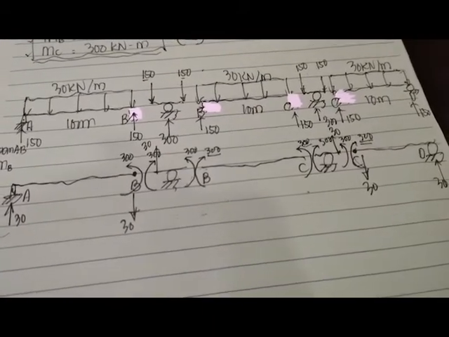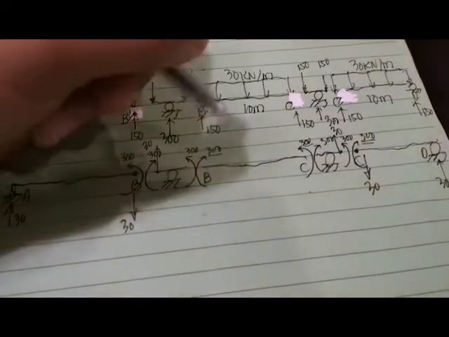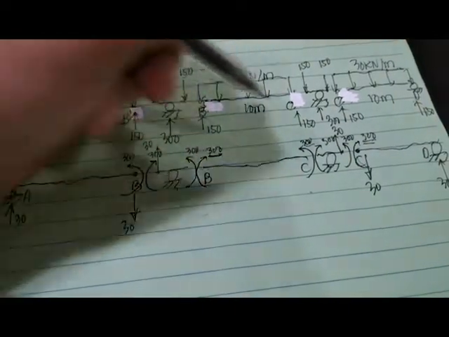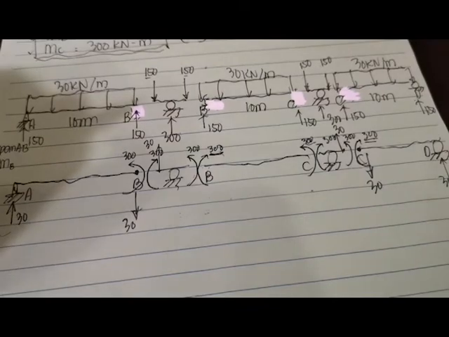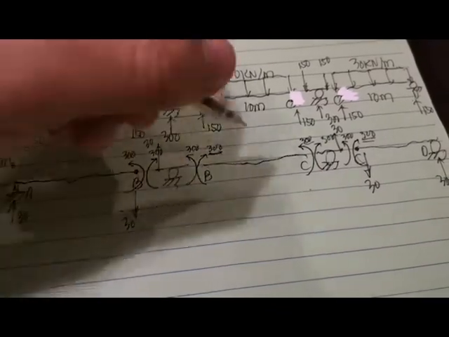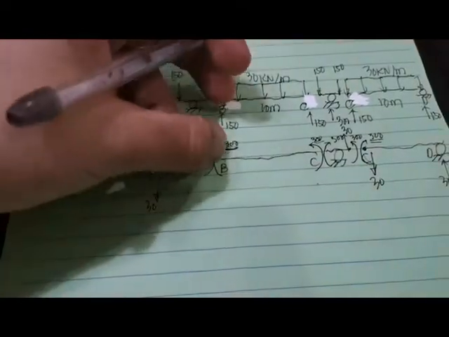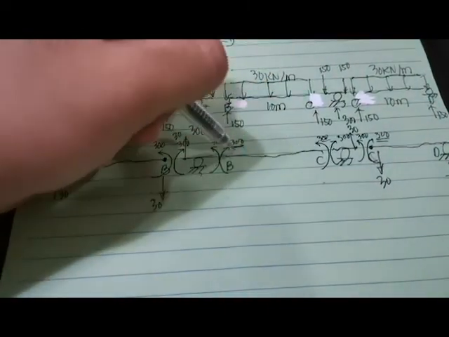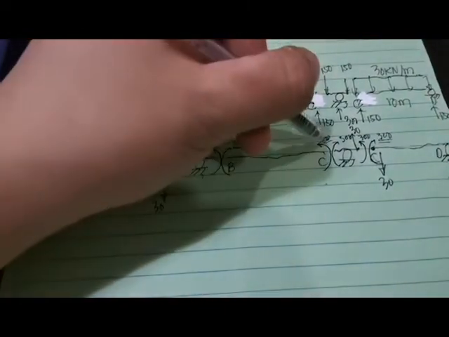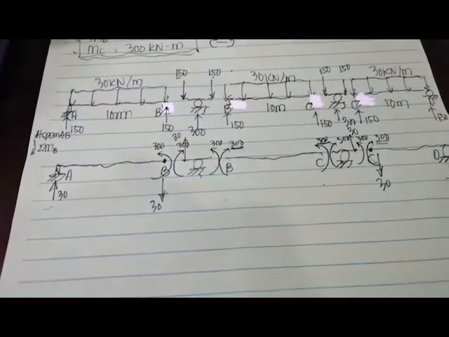So 300 kilonewton clockwise minus 300 kilonewton counterclockwise.